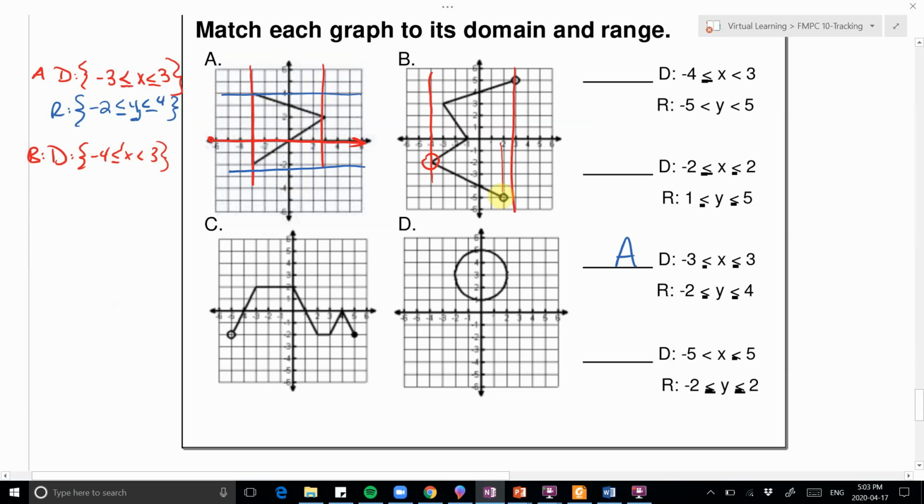Now, usually we have to check and be careful anytime you see a circle in the middle of your line, because this would indicate that -2 is not a part of your data set. But when we look up here for -2, there is a line, so that -2 is included because it is possible, just not in this location.